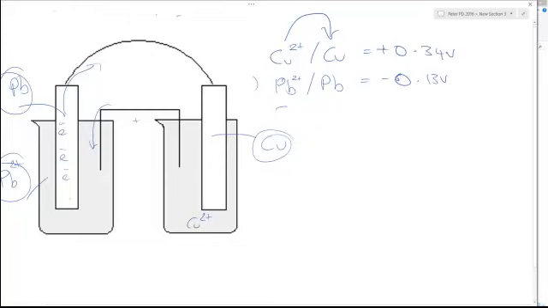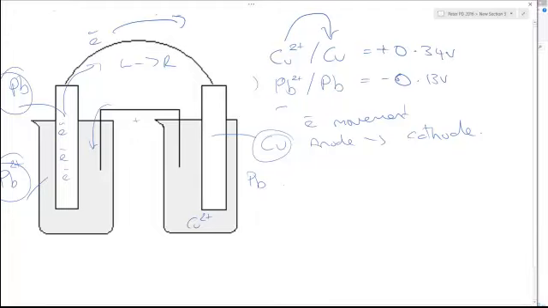How about electron movement? Well, the electrons move from the left to the right, so they go from the anode to the cathode. But that's a very simplistic way of looking at it. You should be able to explain it in terms of what's happening.